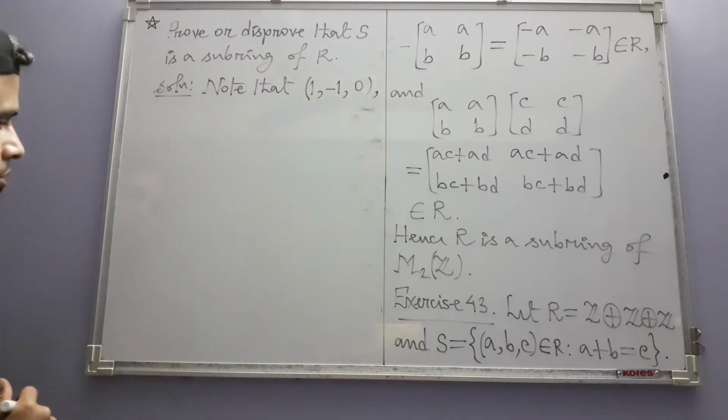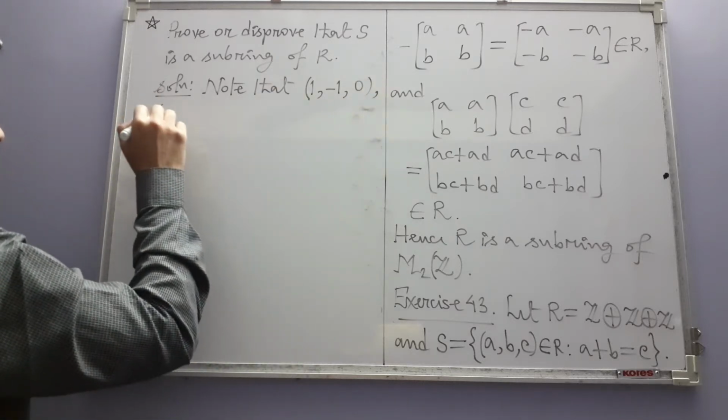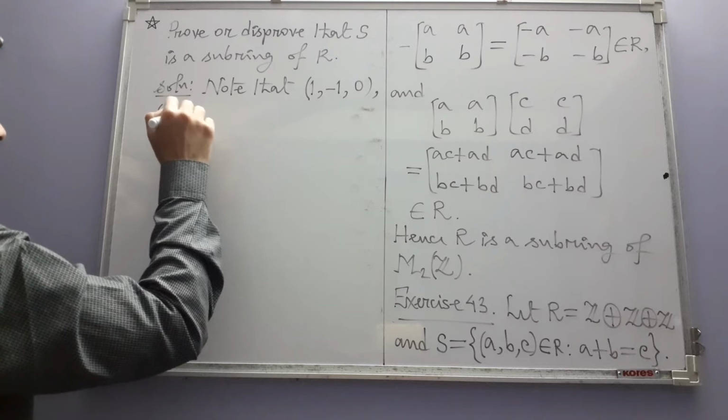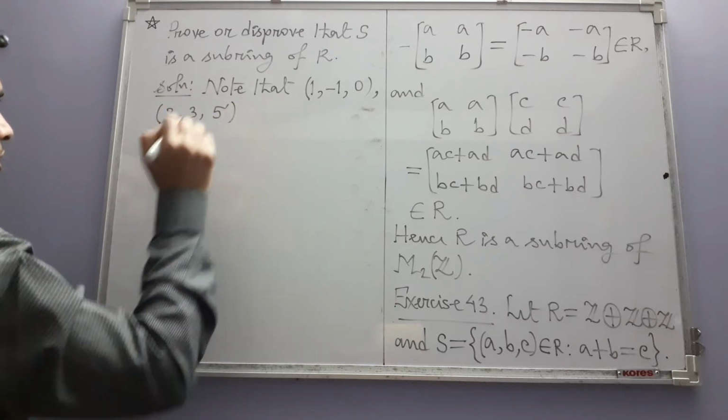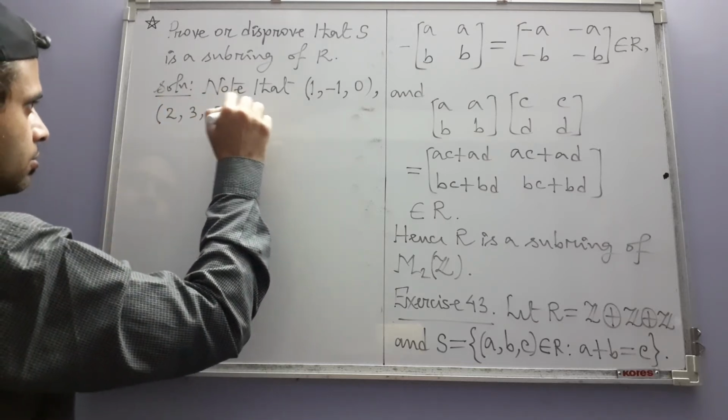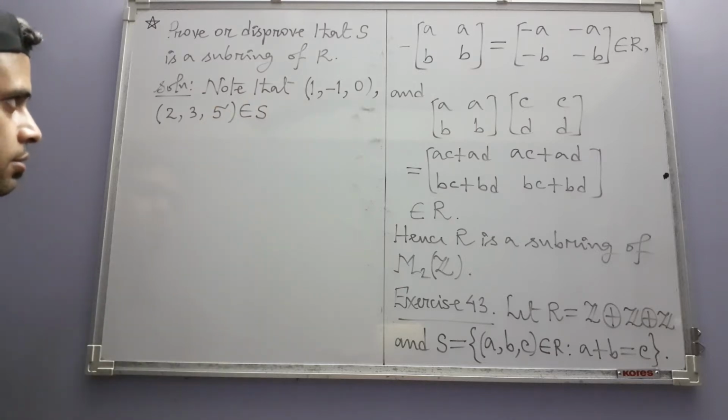This ordered triple and this one both belong to S. Why?